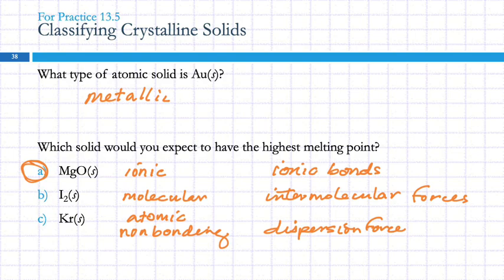So which one has the higher boiling point between those two? The gas has the lower boiling point. Yeah, it's a little hard to think about, isn't it? So we start with a liquid, and then we're heating it up. And the first one to turn into a gas is the lowest boiling point, and the last one is the highest boiling point. Yeah, it's kind of hard to think about. So I wouldn't make you do that. But this would have a higher melting point than krypton. Any questions?